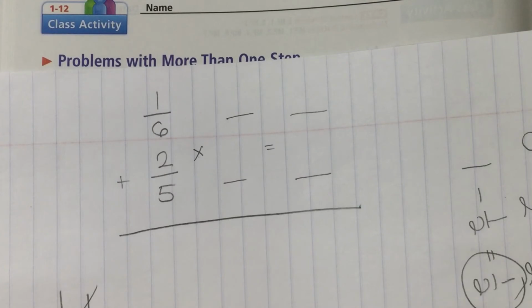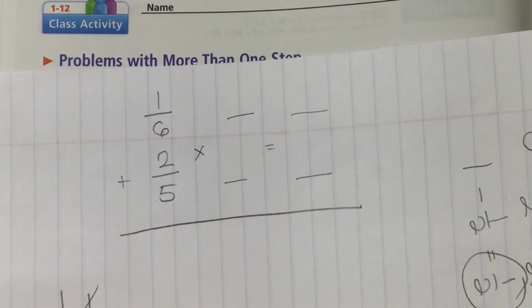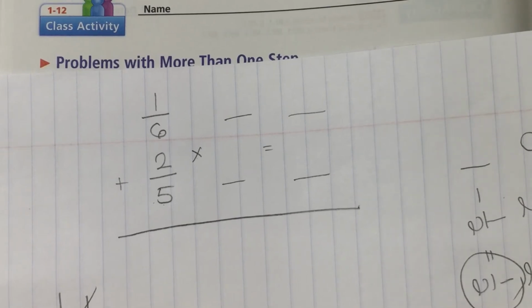It's very important for me to see this being done. Okay, so we have 1/6 and 2/5. Looking at the denominators, the bottom numbers, 6 and 5. Am I going to need to change one of those fractions or both of those fractions? I'm going to have to change both of them. I can't do 5 times anything to get to 6, so they're both going to have to change.